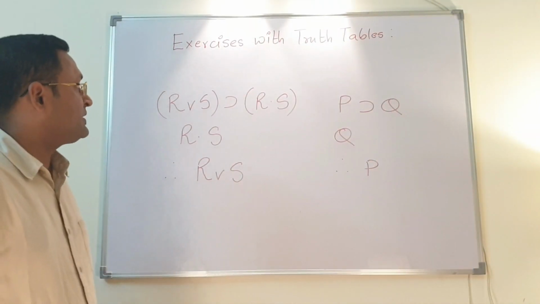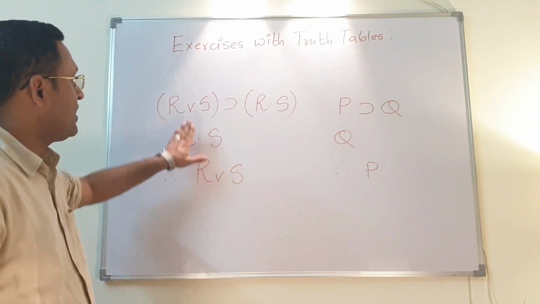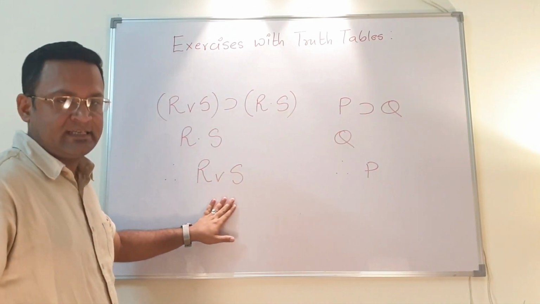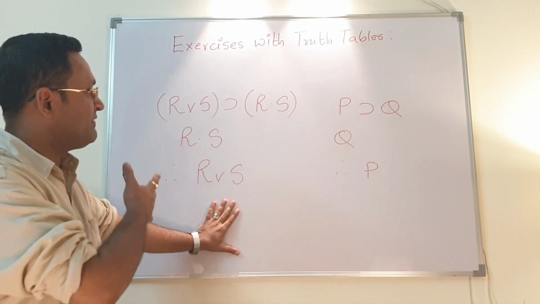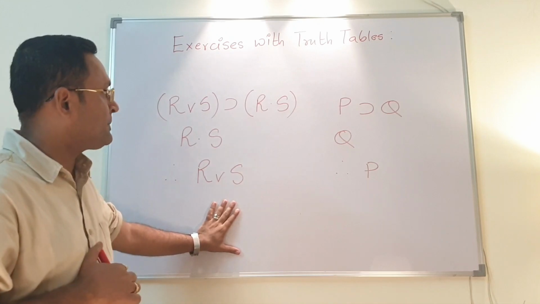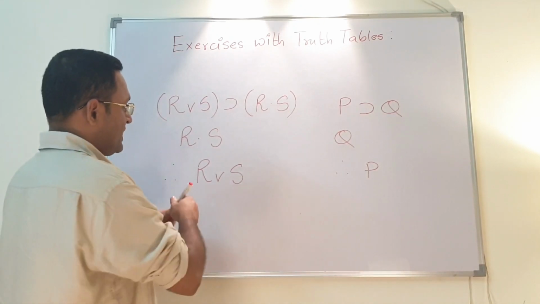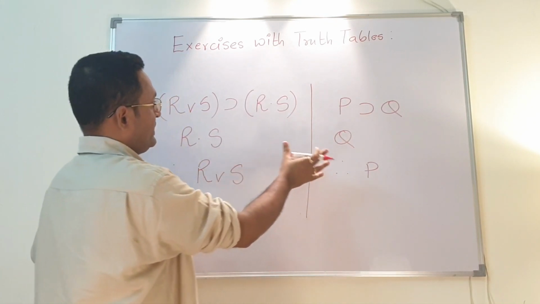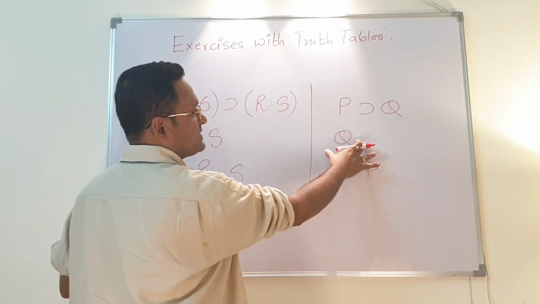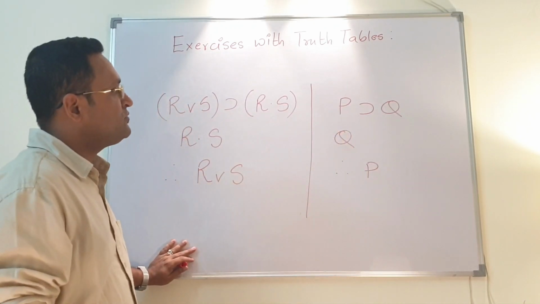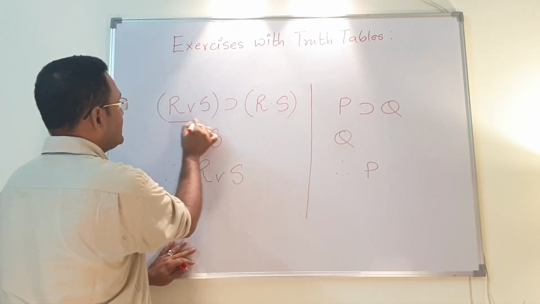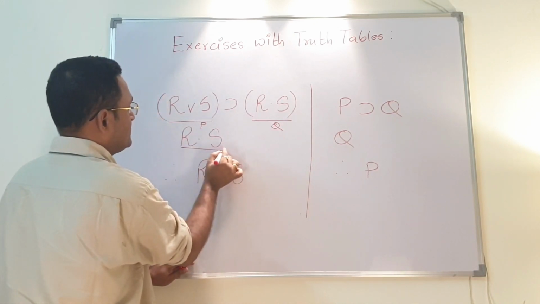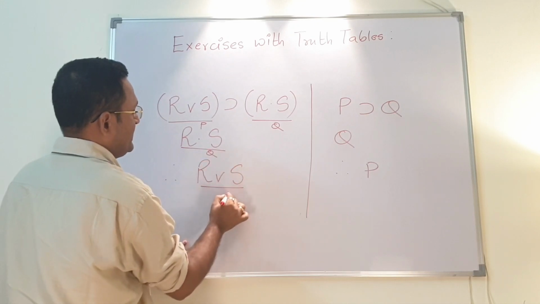Let us take the next example, that is R wedge S implies R dot S, R dot S therefore R wedge S. Now we have to check whether it is a valid argument or an invalid argument. If you see this argument, it is quite similar to this argument, that is P implies Q, Q therefore P. If this is P and this is Q, so this is also Q and this is P, right?